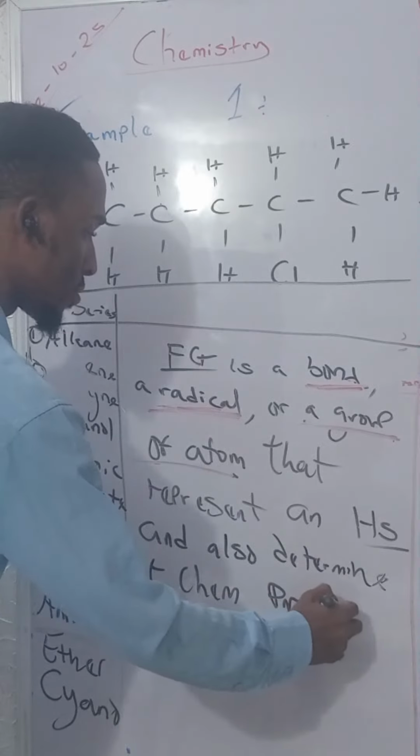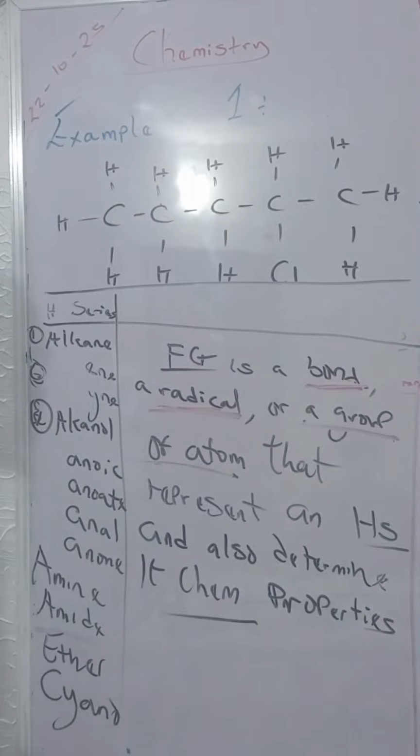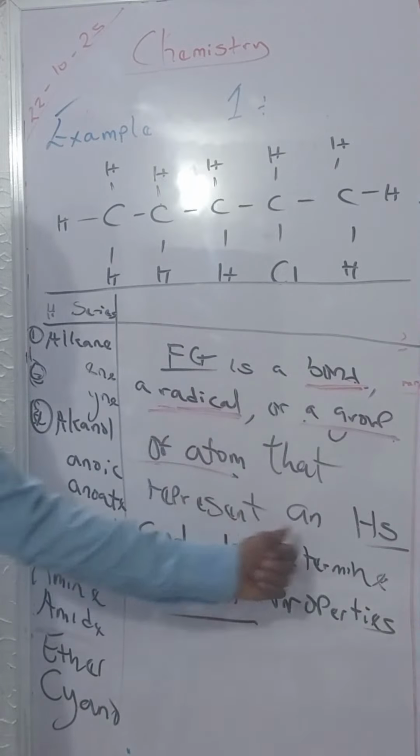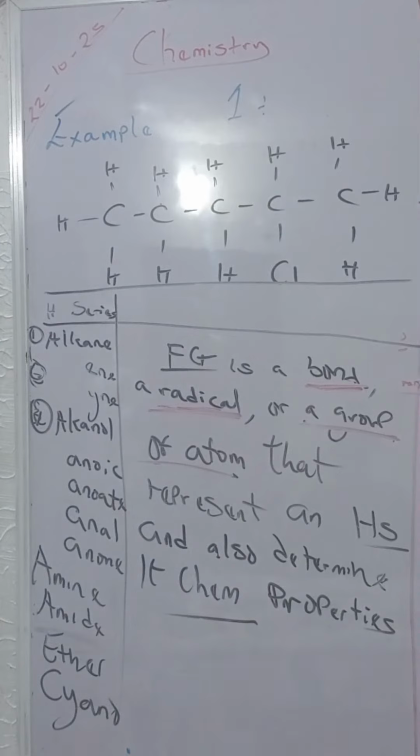Write this down; I'll give you 5 to 10 seconds. So a functional group is a bond, a radical, or a group of atoms that represents a homologous series and also determines its chemical properties. Which means every homologous series here has its own functional group.